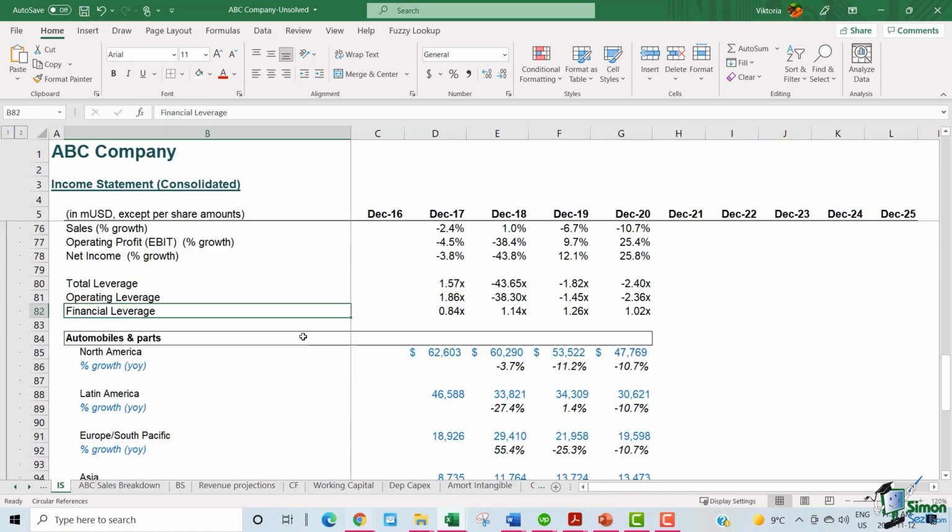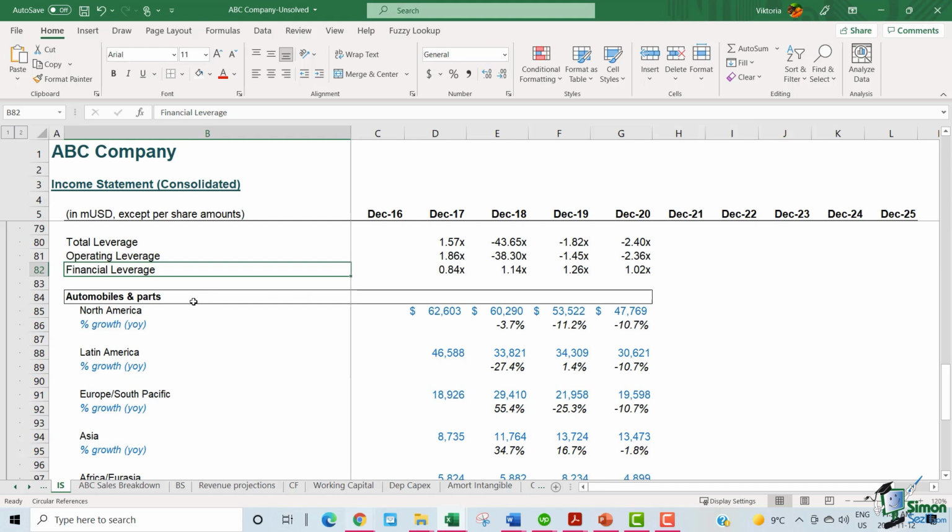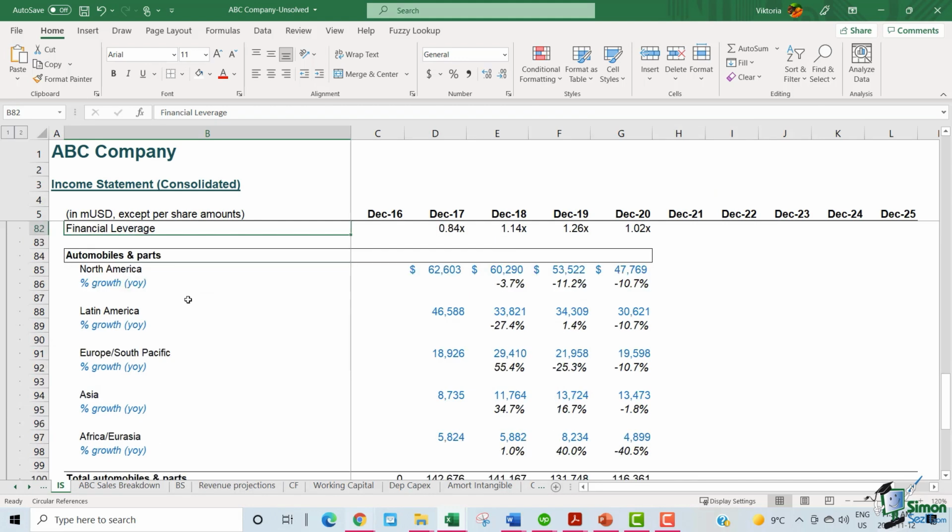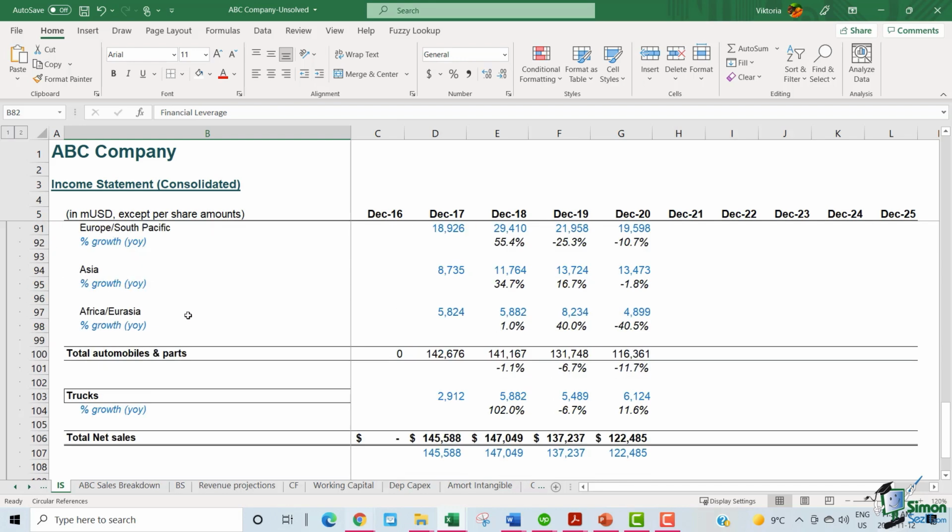For ABC, if you recall, under the income statement, ABC had provided some more information into its products. The products were primarily broken down into 2 categories: automobiles and parts, and then trucks.